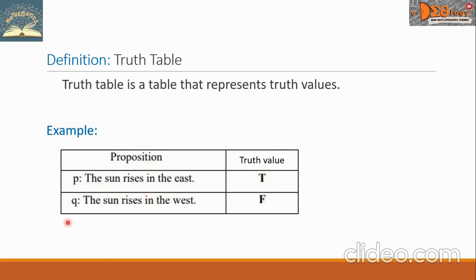And the proposition Q, the sun rises in the west. The second column is for the truth value of each of the propositions. For the proposition P, we write T because this is true. For the proposition Q, we write F because this is false.